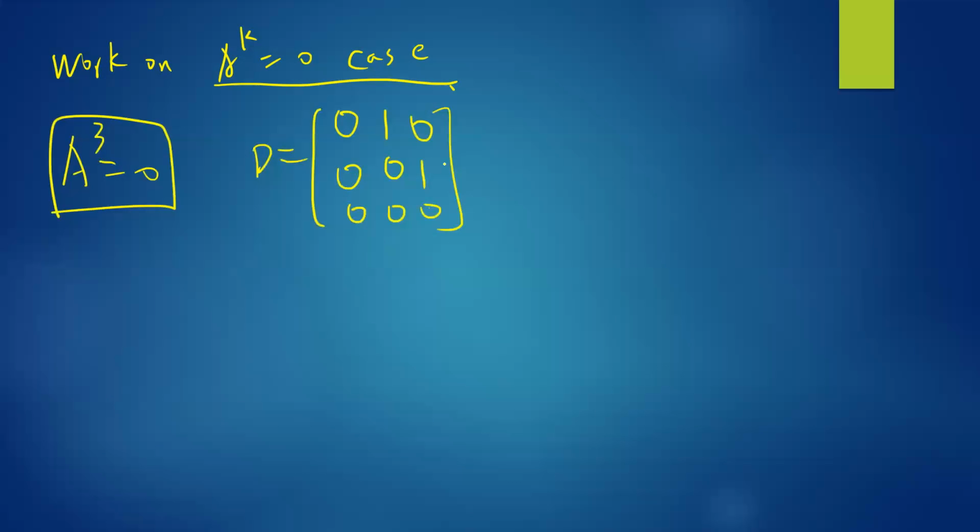This is called D. The rank of D is 2, and D cubed is 0. So if A cubed is 0, the answer will be this, and when N equals 3, you should get 2.